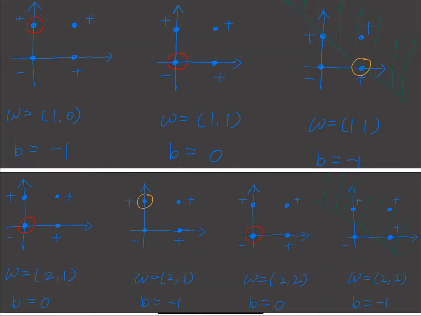If you keep running, now you're going to make a mistake here on the y-axis, and then you update, and you're going to make a mistake here again, and eventually you're going to come to this solution. This solution, shown as the green line here, as you can see, actually separates the positive from the negative now.